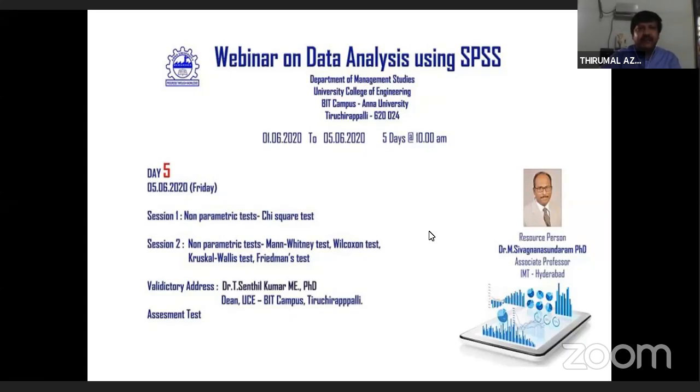Since this is the last day, a small introduction and an instruction to the participants before starting our session. Today's session is related to non-parametric tests, and after the session you will have a valedictory address from our Dean, Dr. T. Sedil Kumar, followed by an assessment test as well as a feedback form which will be sent to you through Google Forms.